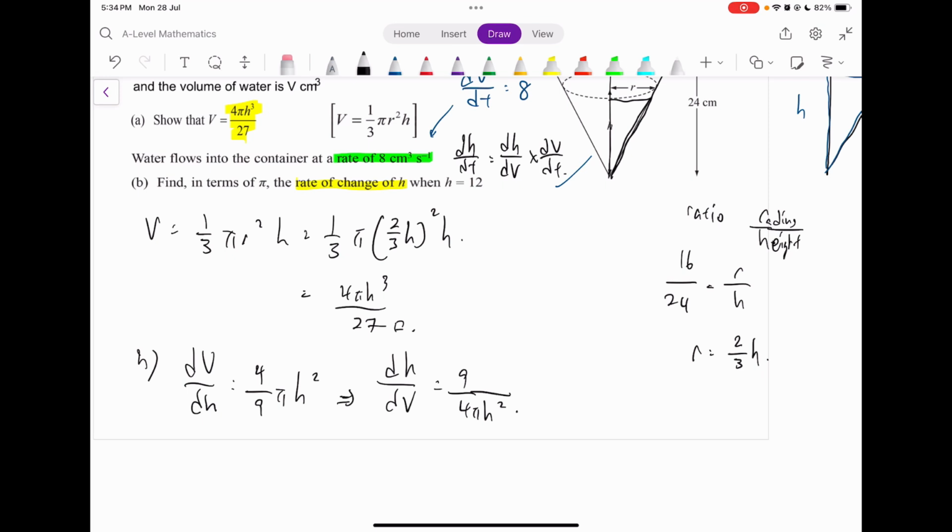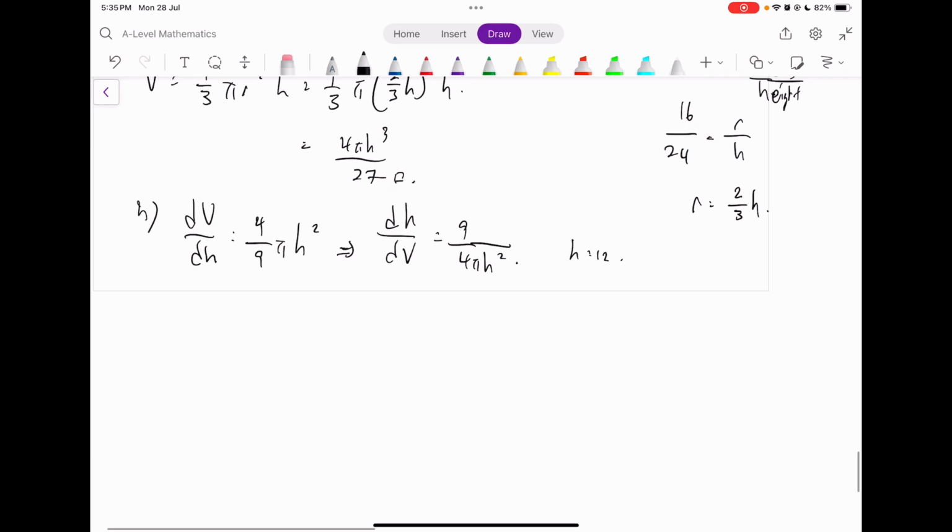Now, what they are asking when h is equal to 12, that makes it as 9 over 144 times 4 pi. Of course, they are asking us to write in terms of pi, 所以我们一定要留下来 pi in there. So hence, that makes it as 1 over 64 pi.